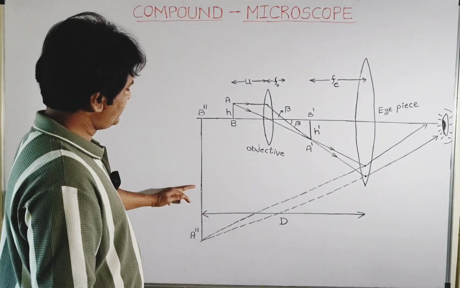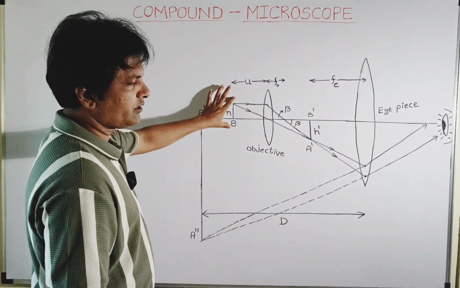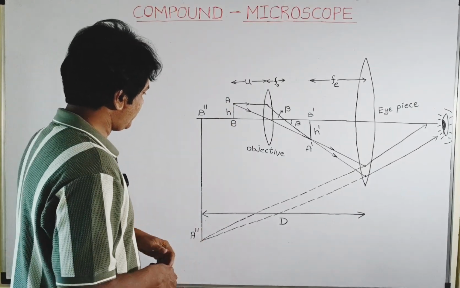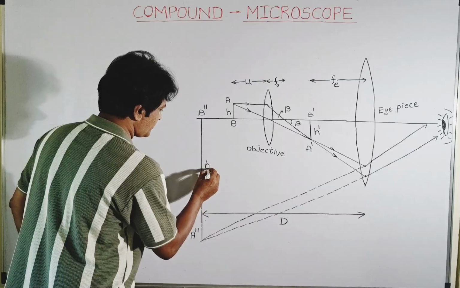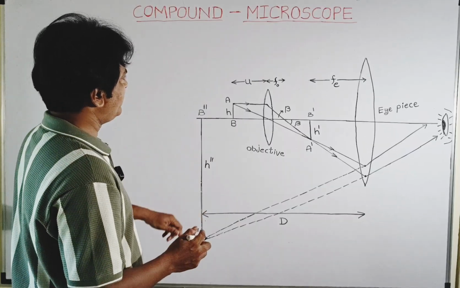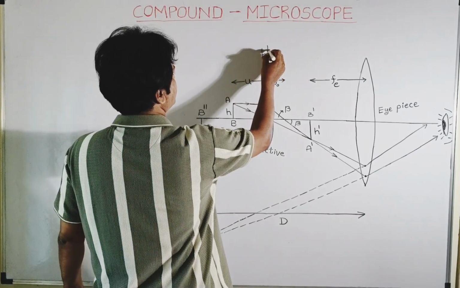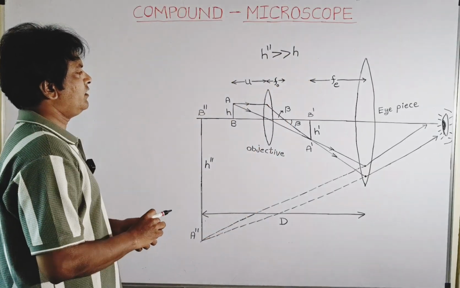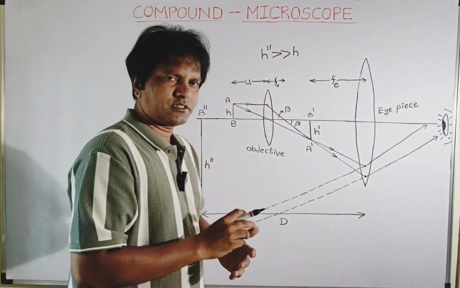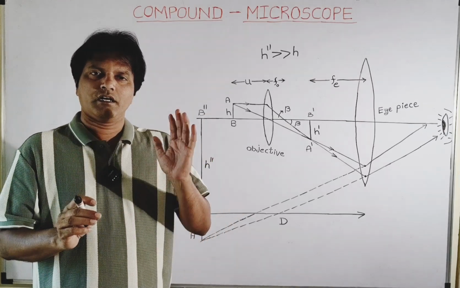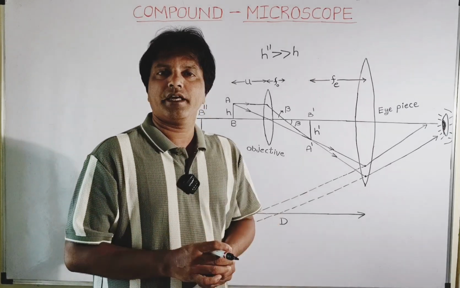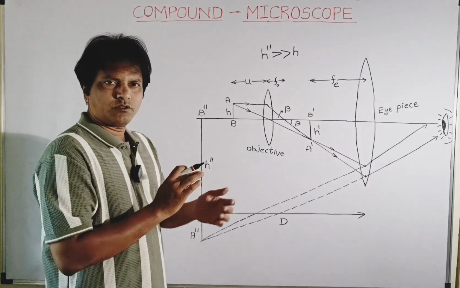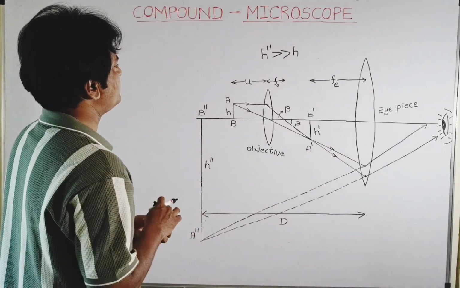You can see the magnification: we have put a small object of height h, and the height here, h double dash, is very large compared to the height of the object we have taken. So we have succeeded in magnifying the object n number of times. This is the theory of the compound microscope, and we will go to the mathematical form now.